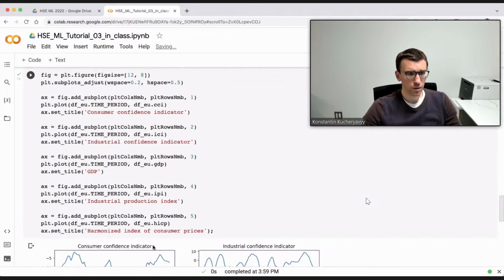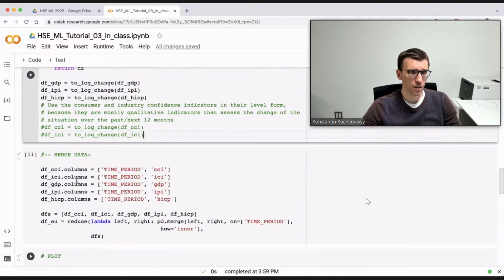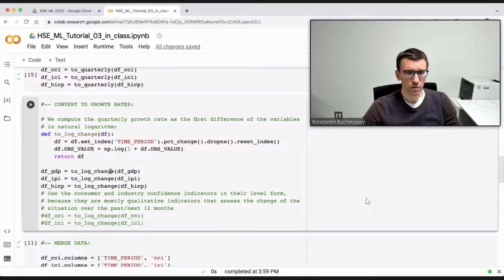But I don't convert consumer confidence indicator, industrial confidence indicator, and everything else I convert to growth rates. And the usual thing in macroeconomics, when you deal with GDP, you consider growth rates in logs.